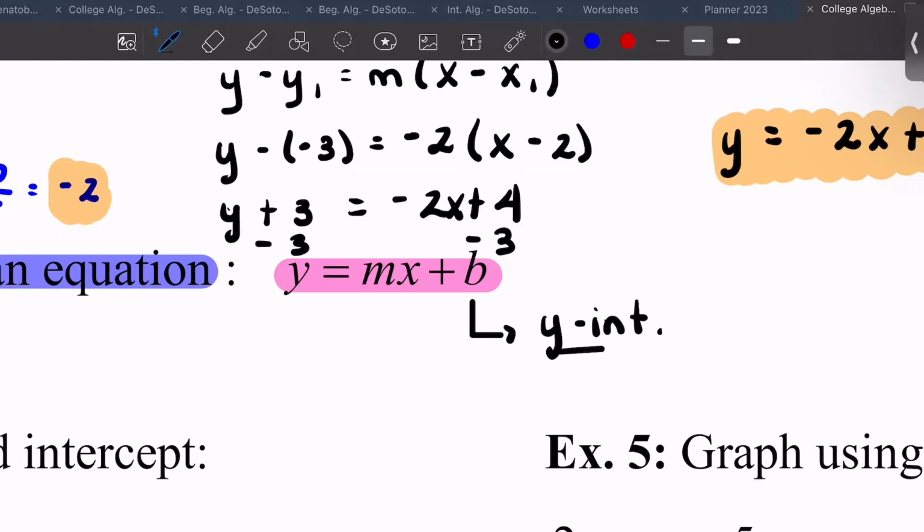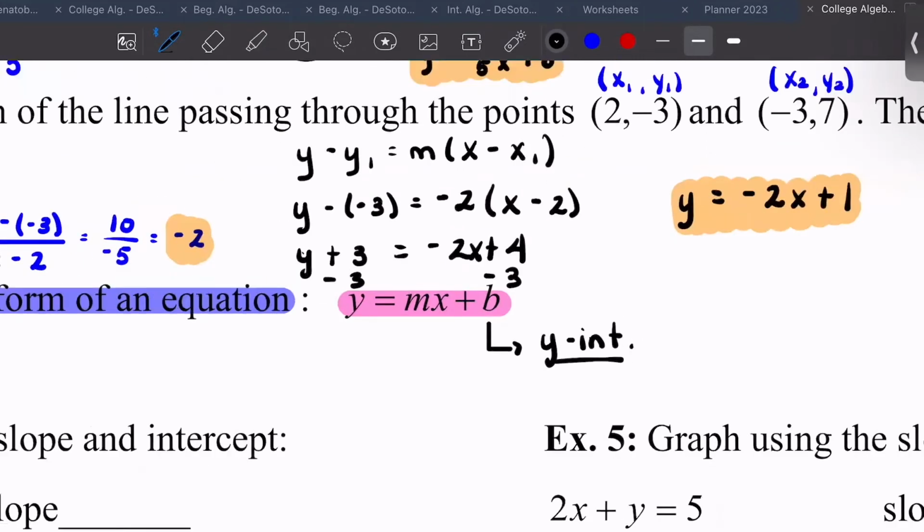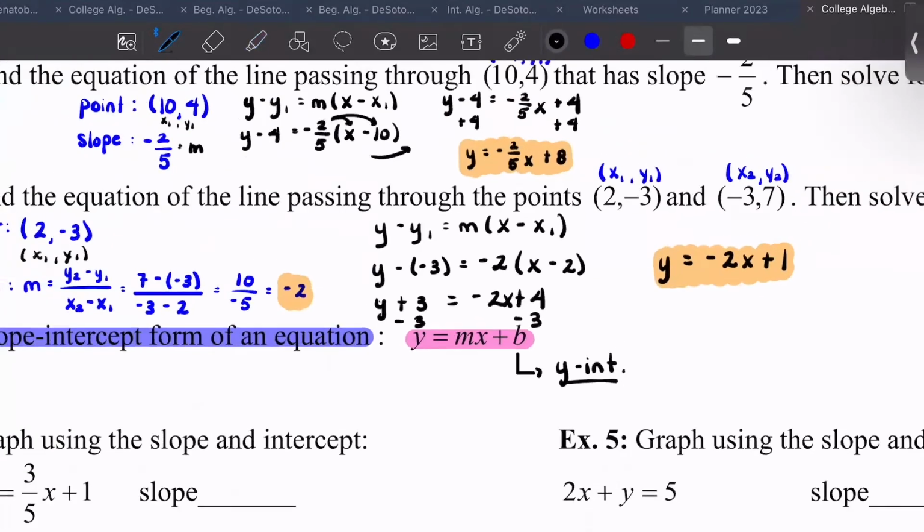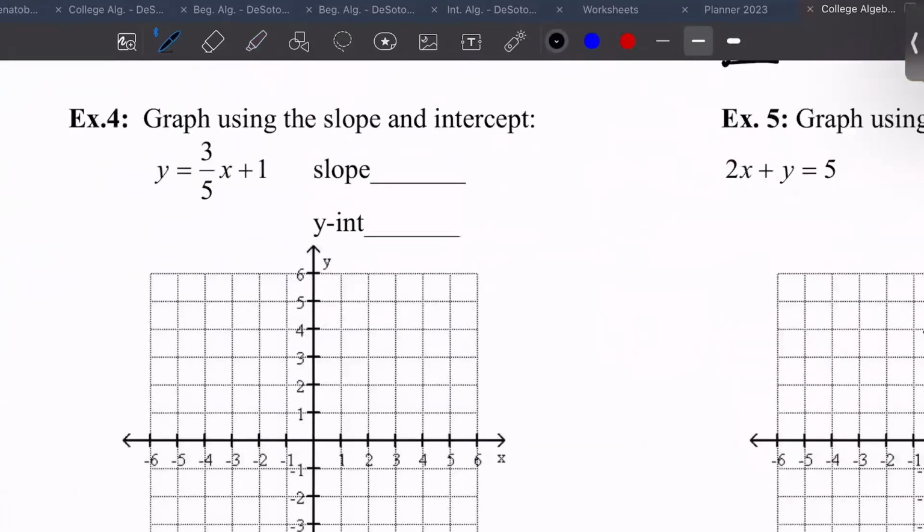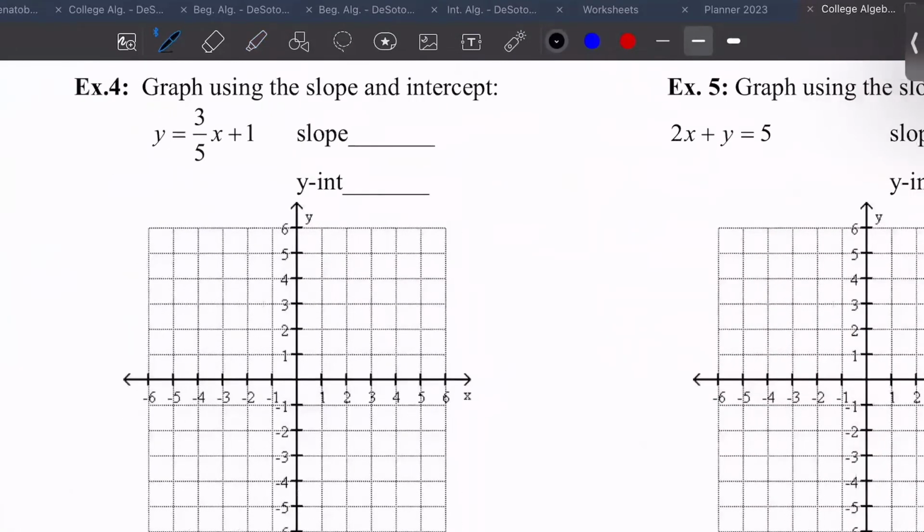Our y-intercept, okay? So I can give you questions like this that say graph using the slope and intercept, all right? So I gave you an equation of a line right here. And I want you to graph it by using the slope and the y-intercept, okay?